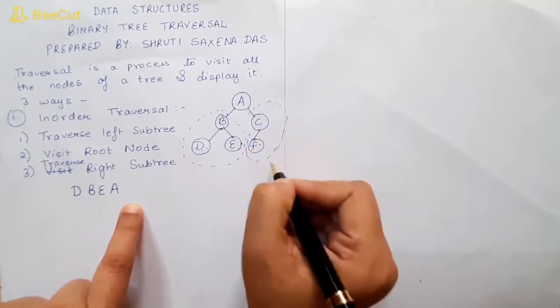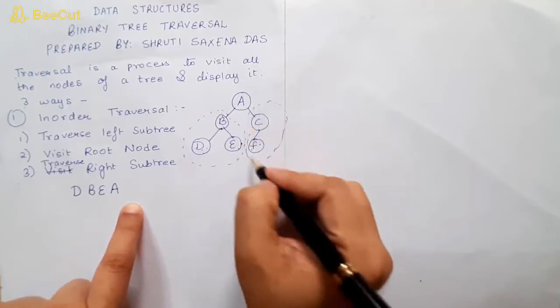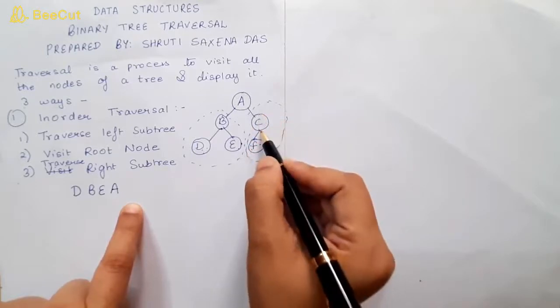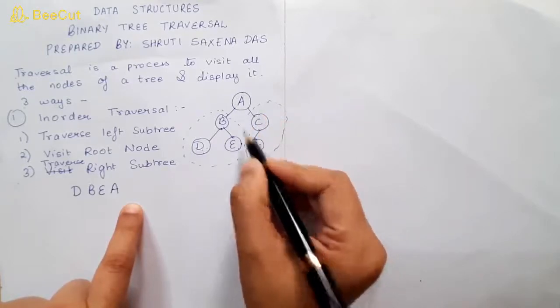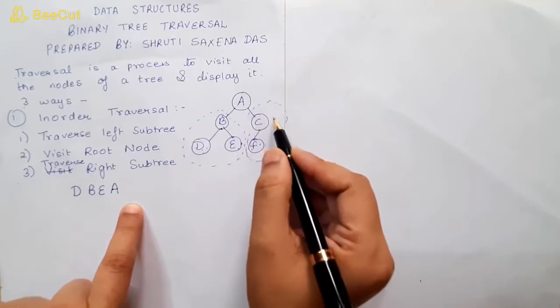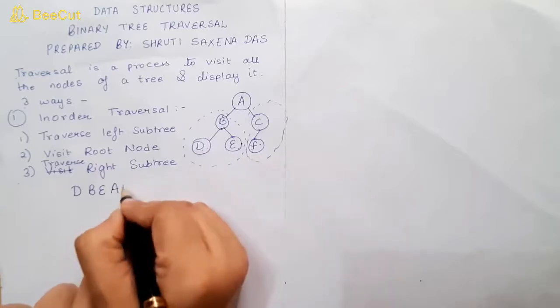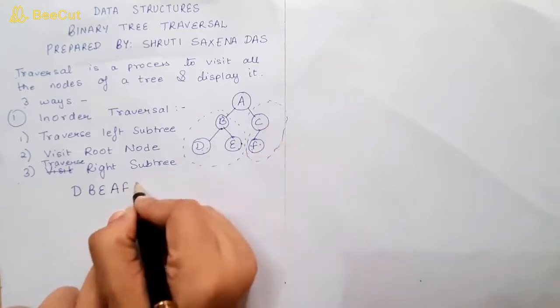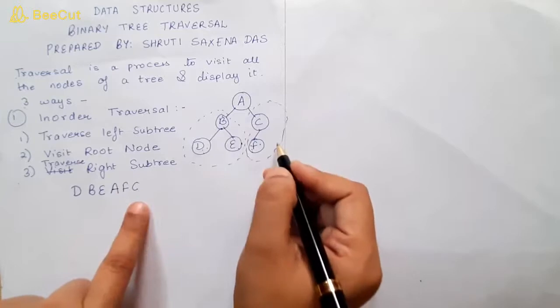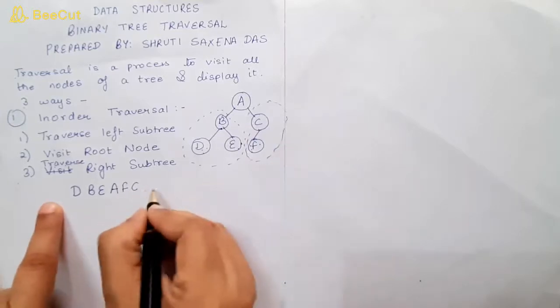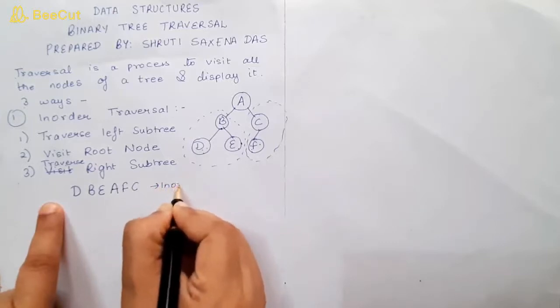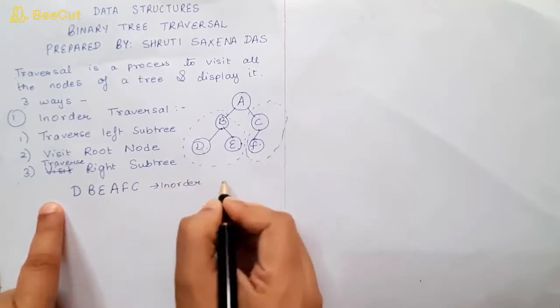There are no more nodes. Again we apply the whole in order traversal: first traverse the left part, which is F, then the root, C, and then the right. We don't have anything on the right, so this is the in order traversal for this subtree.